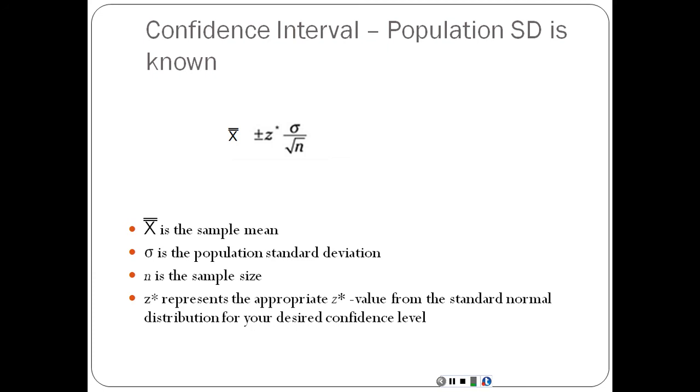Basically you have your sample mean plus or minus your z-score, which is the z-value from the standard normal distribution for your desired confidence level, and we'll look at that in just a minute. We have our population standard deviation as well as the sample size.